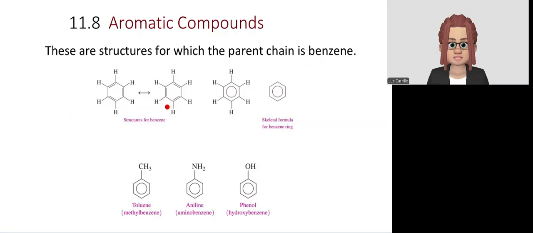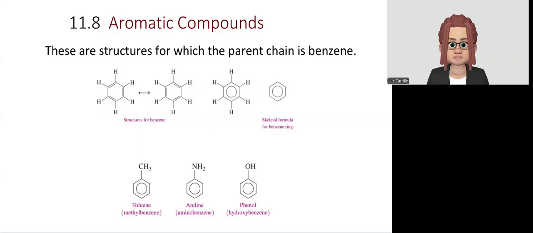But because essentially there are two ways that you can draw them, instead of drawing the lines, you may choose to put a hexagon with a circle in the middle. That also represents a benzene ring. So just keep that in mind if you see it in assignments or in further chapters.